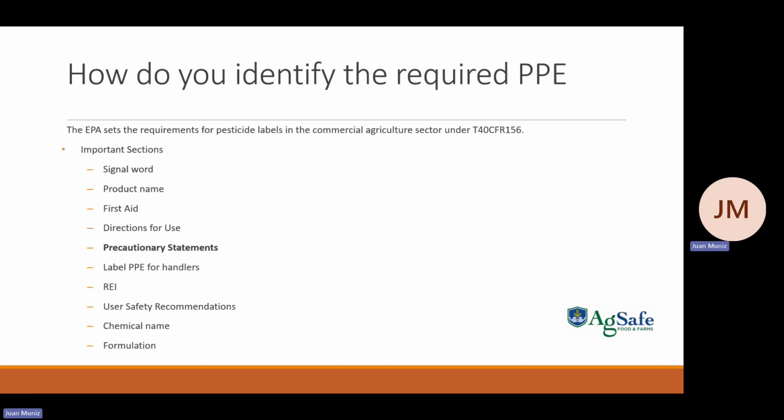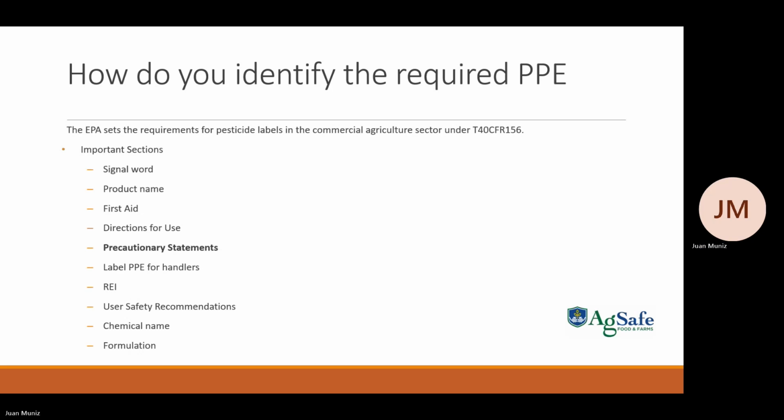require them to place a signal word on the label. They must have a product name. They must cover information regarding first aid procedures. Should someone become exposed, they should also have basic directions for use of the product. They have a section on precautionary statements, which is the focus for this section, along with directions for use.